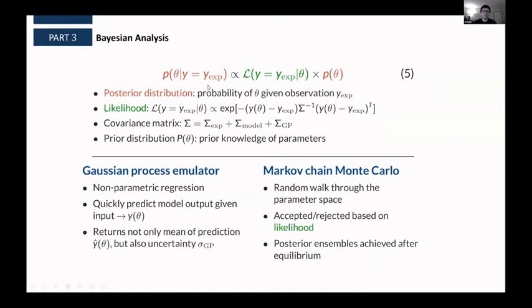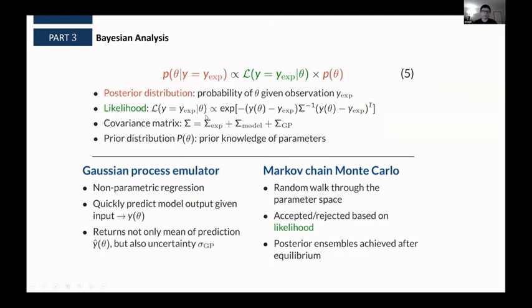Bayes theorem states that the posterior distribution of your model parameters, given some experimental data, is proportional to the likelihood function times the prior distribution.